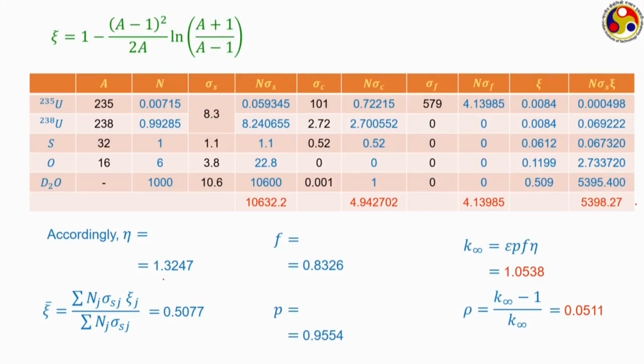And also you can try to see the effect of such enrichment on this eta. This is natural uranium, which has 0.7% uranium-235, and the corresponding value of eta is 1.32. Please try to calculate the value of eta for different enrichment factors. As I have shown in a graph, you will find that beyond 10% it becomes almost saturated and the corresponding value is around 2.06.